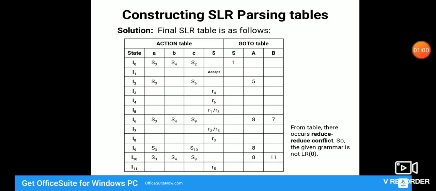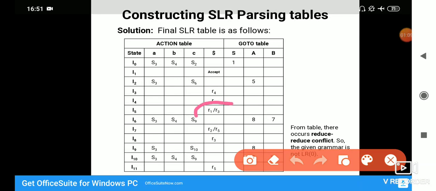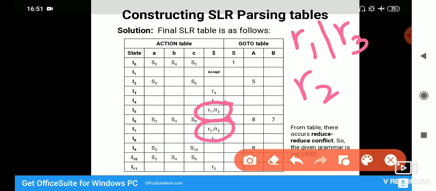If you observe in this particular example, after constructing this table, we find that in a particular cell we have two entries, R1, R3 in the I5 row. Similarly in the I7 row also we have two entries, R2 or R5.